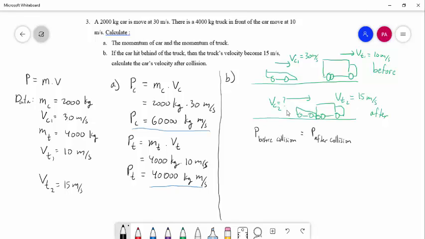Momentum before collision is the momentum of the car plus the momentum of the truck. And after collision is the same.